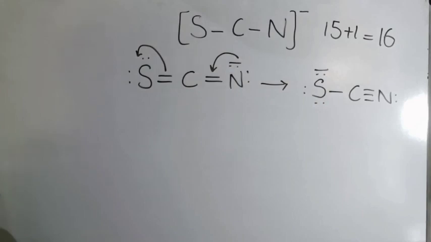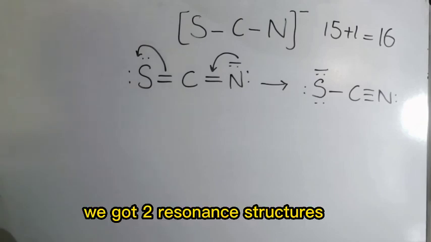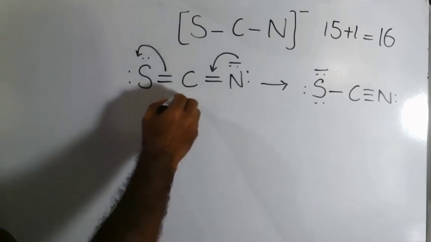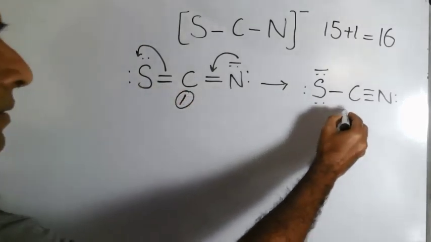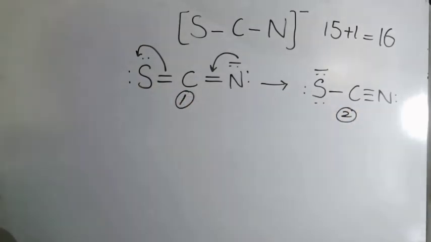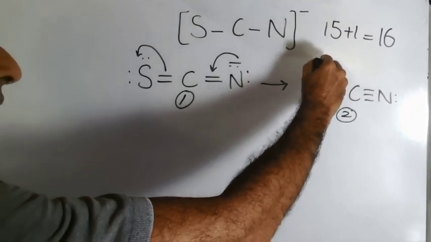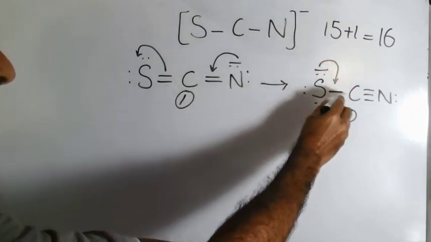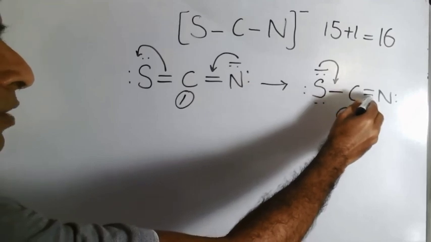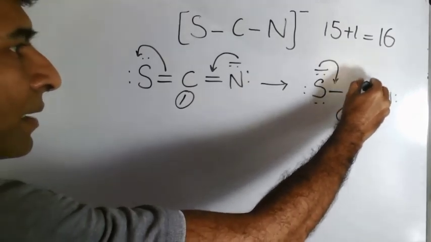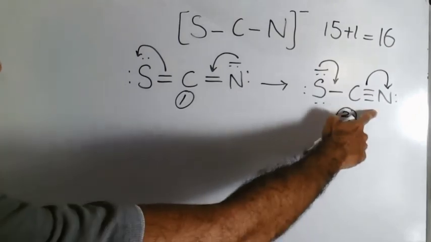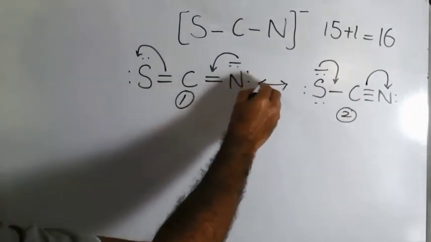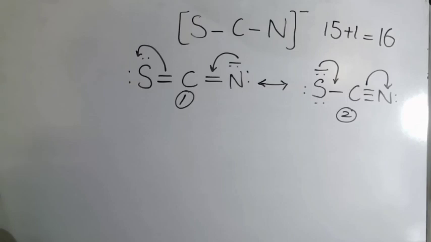So now we obtain 2 resonance structures. I name this as 1, this as 2. This again can delocalize onto the bond between sulfur and carbon, and one of the bonds in the triple bond can delocalize onto nitrogen. So it will again result in this one. So we have to use this reverse arrow.